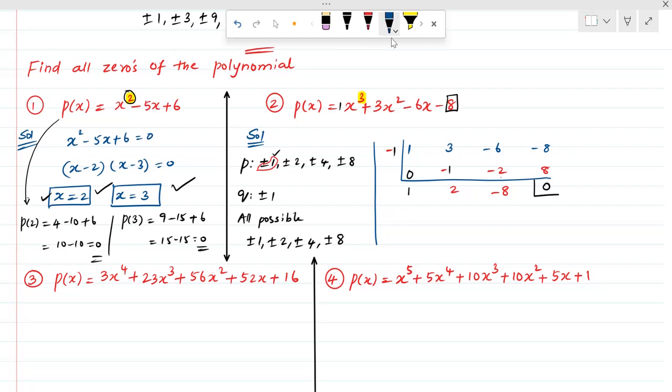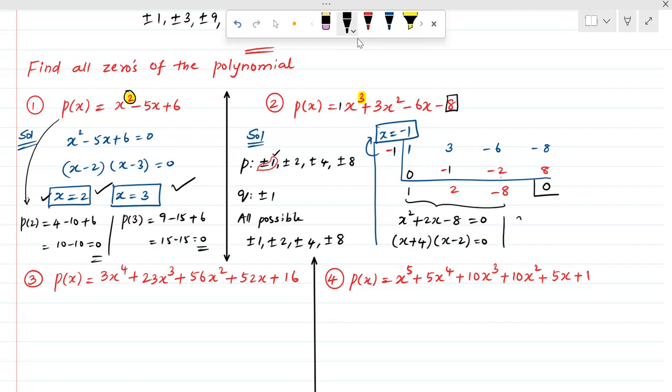So we say x equal minus 1 is one of the zeros, so x plus 1 is one of the factors. Now x power 3 is reduced to x power 2: x square plus 2x minus 8 equals 0. How will you solve? By using factoring. What is the factoring here? x plus 4, x minus 2 equals 0.